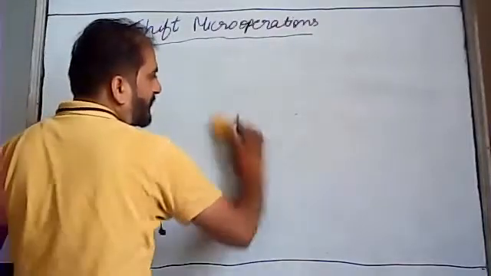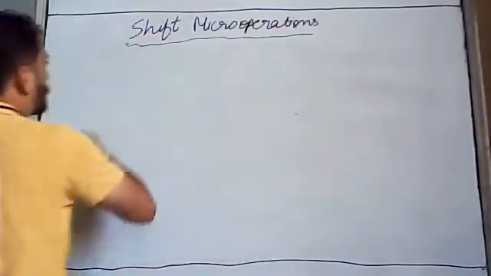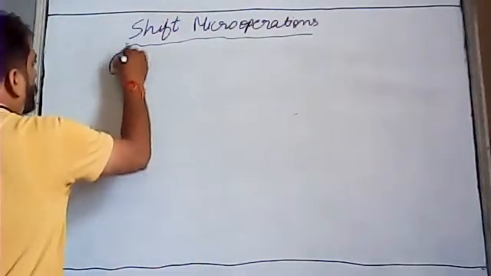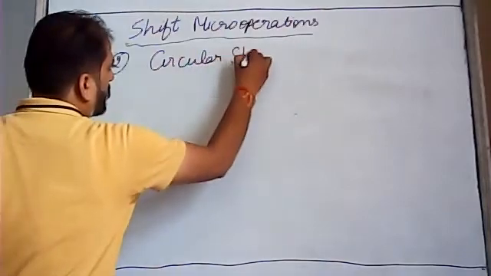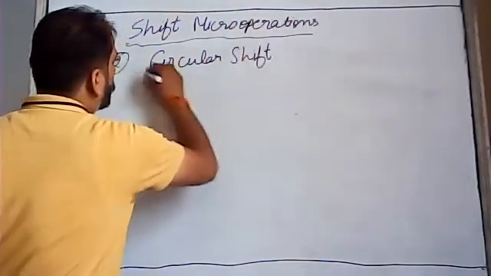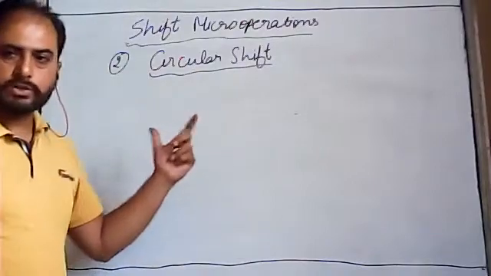So the next type is circular shift. Circular shift is also of 2 types.